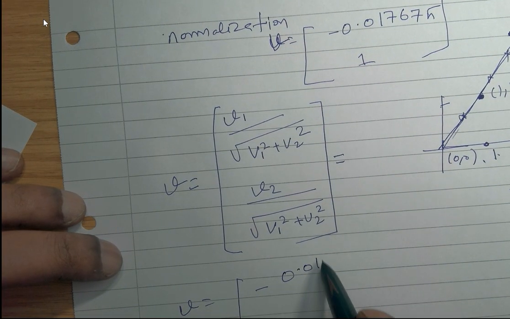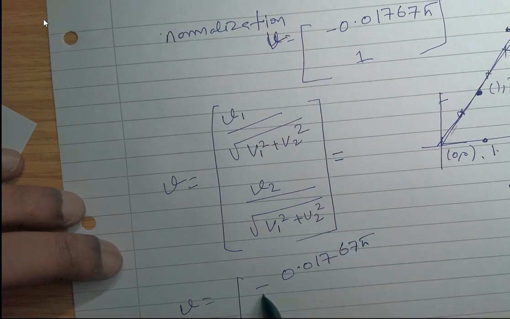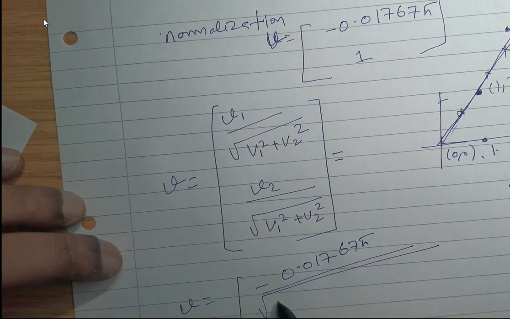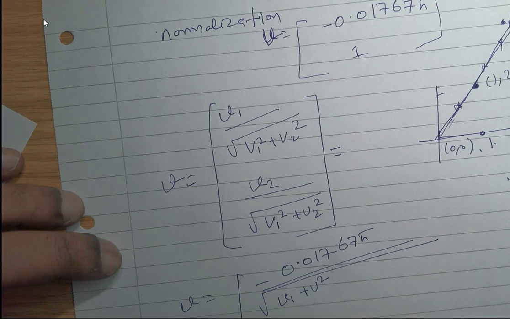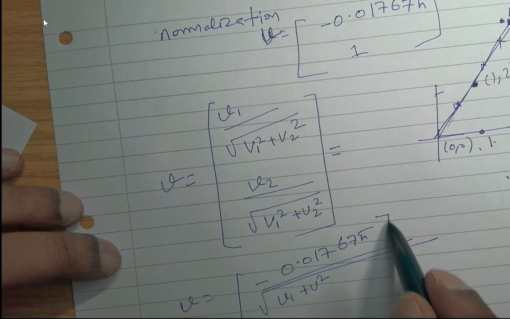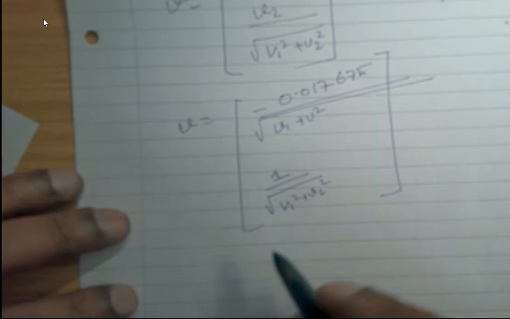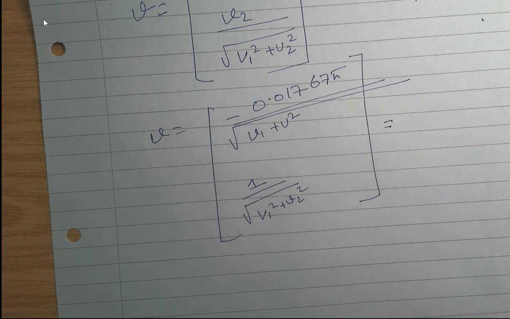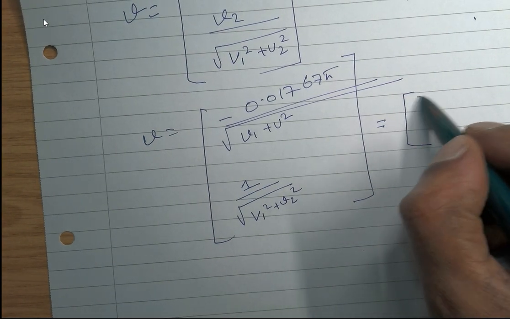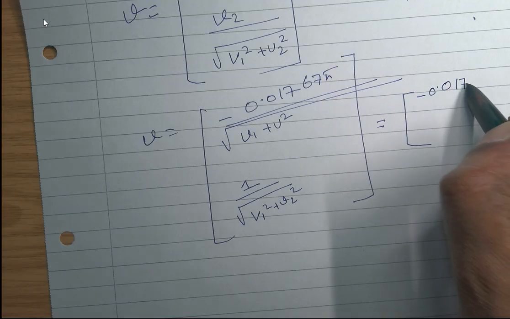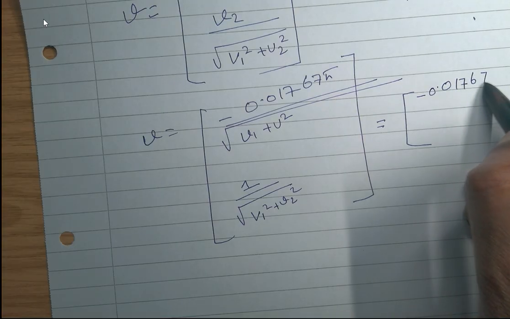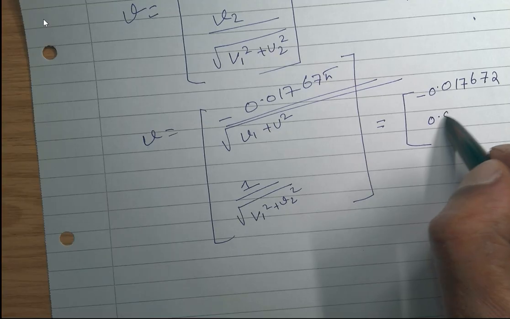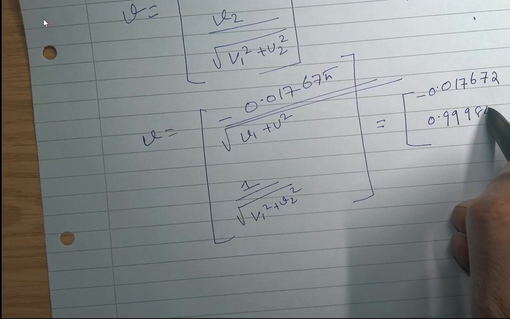So in this case, minus 0.17675 divided by the square root of v1 square plus v2 squared, and then again we use the value of v2, 1, divided by the square root of v1 square plus v2 square. I already calculated this value, so you should get a value of minus 0.017672, and then here 0.999844.